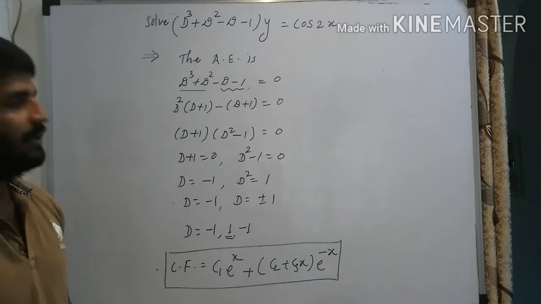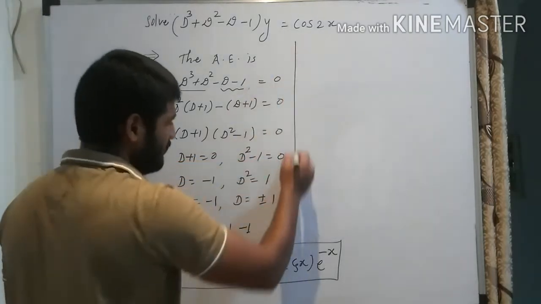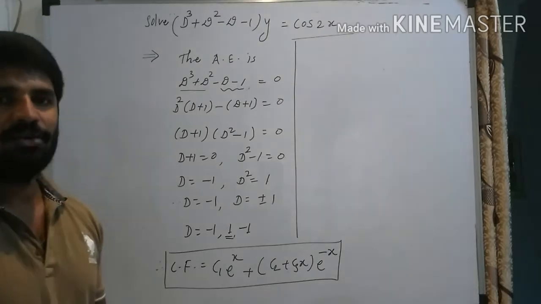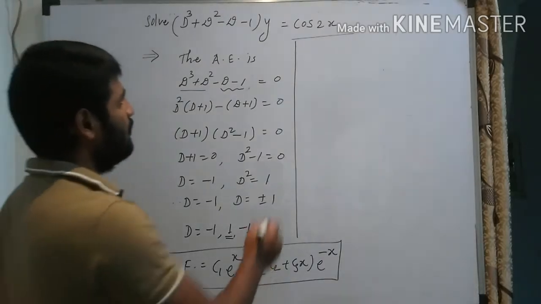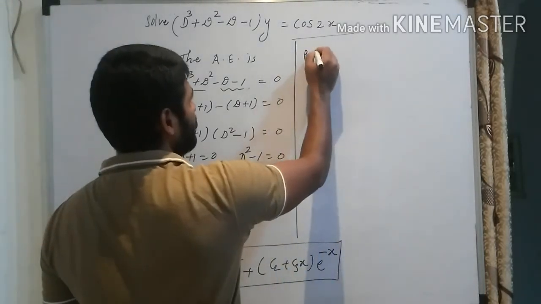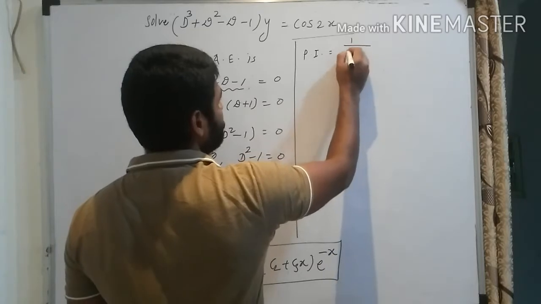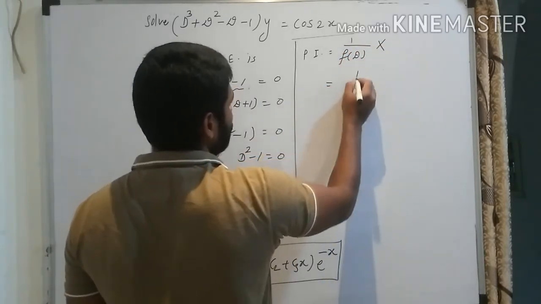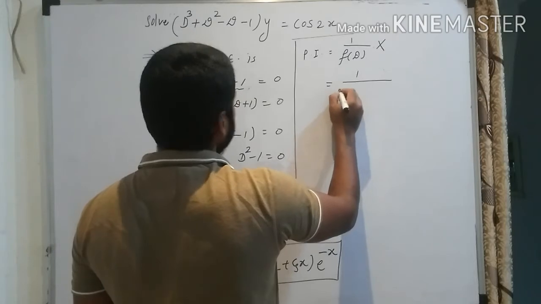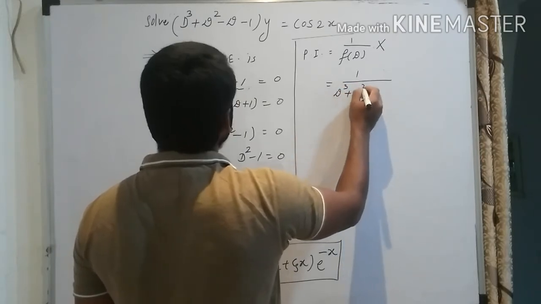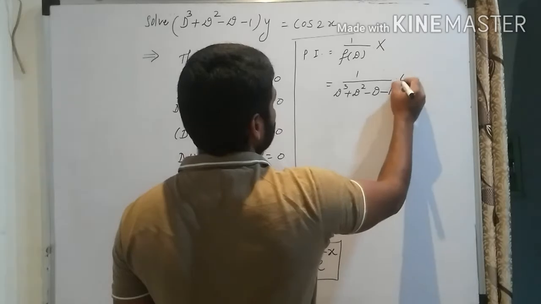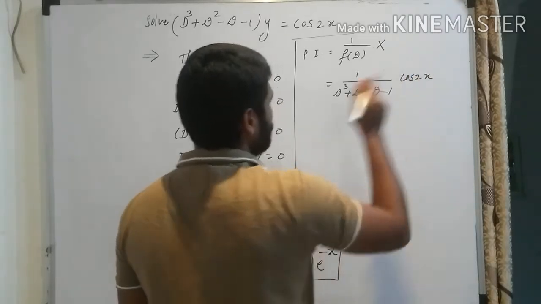Now we have to find the particular integral. See how to find the particular integral when capital X is sin x or cos x. First we write the formula for the particular integral, that is 1 upon f of d into capital X. F of d is nothing but d cube plus d square minus d minus 1, and capital X is nothing but cos 2x.